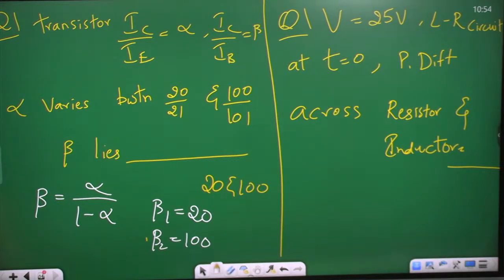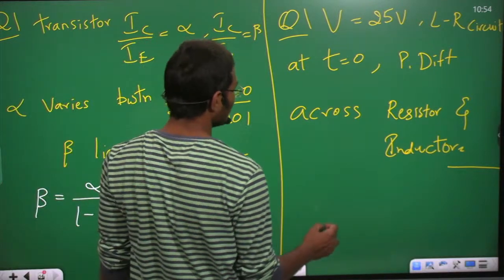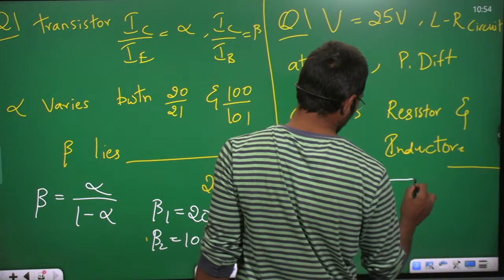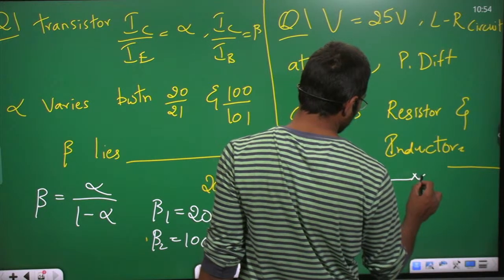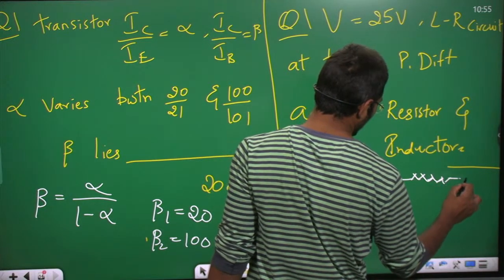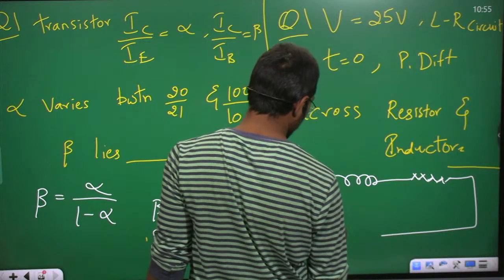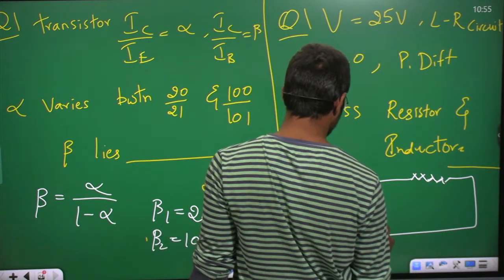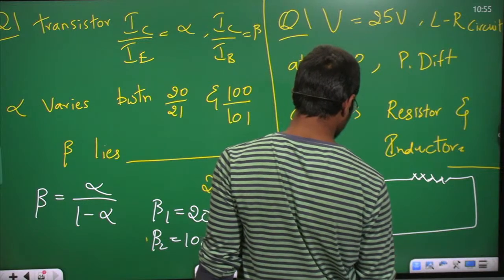Okay, it is an LR circuit, right? So at time t equal to 0, potential difference. The basic fundamental conceptual question, you don't need formulas and all. An inductor and a resistor are connected to a circuit, I guess, some circuit.